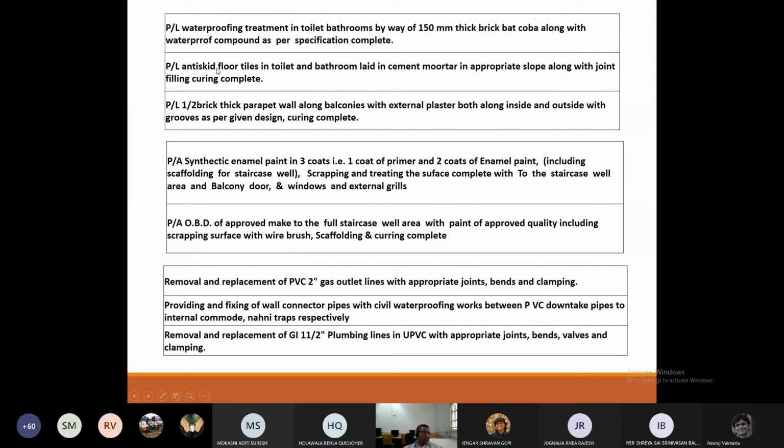So whether you'd want branded tiles like that of Johnson, Kajaria, things like that, or you'd want to have Gujarat made tiles. Gujarat made tiles are local made tiles, not so highly branded, but yet of very good quality. So you could mention the kind of tiles that are there.